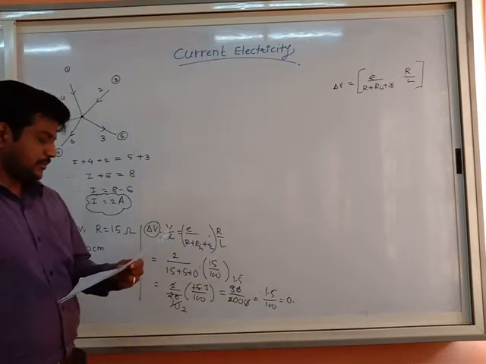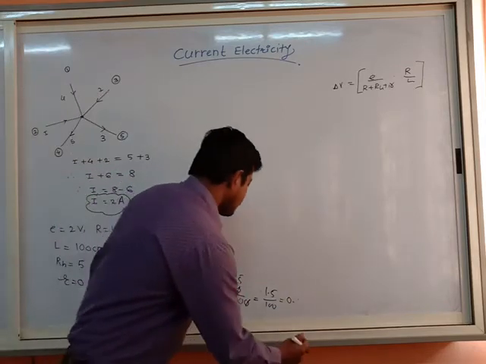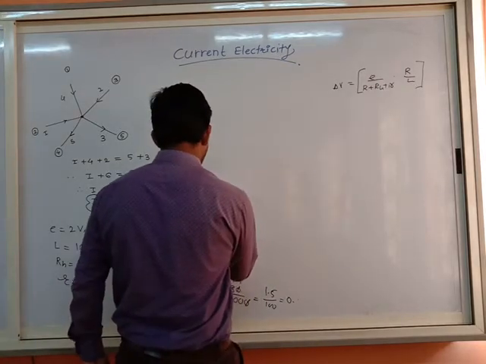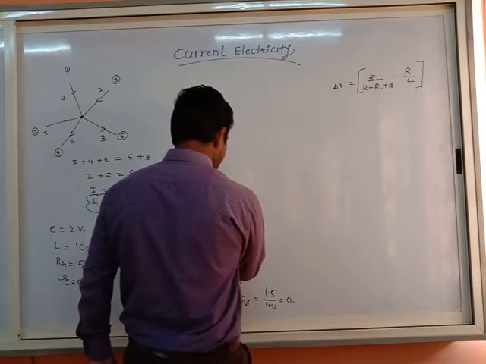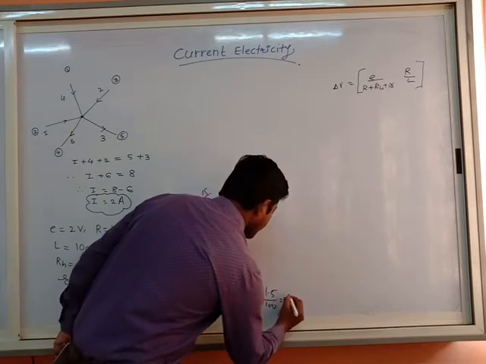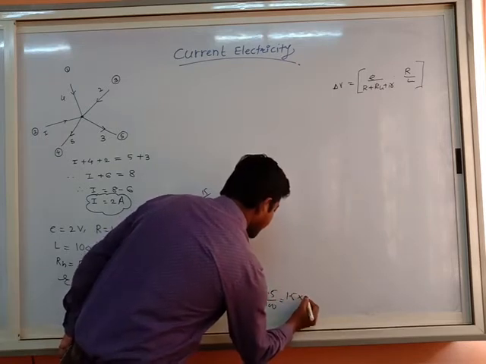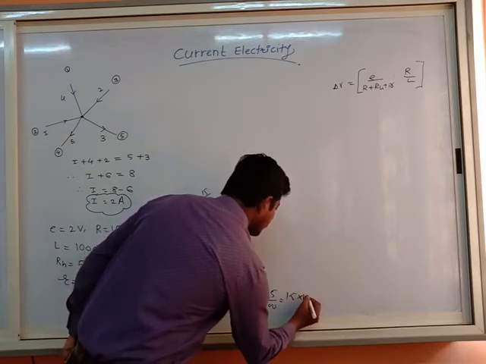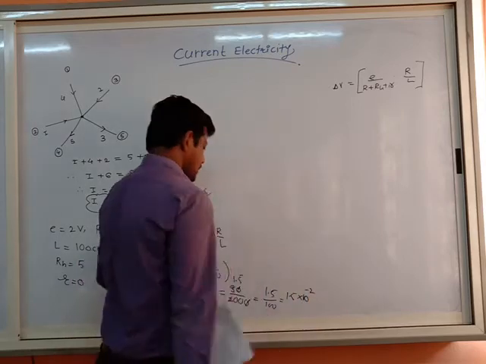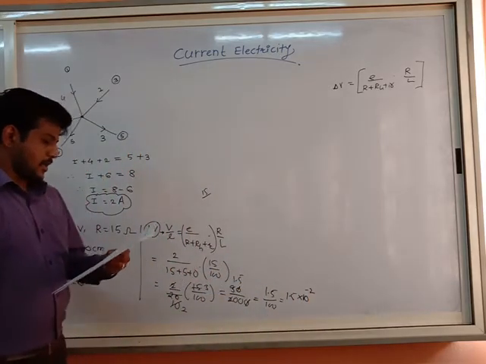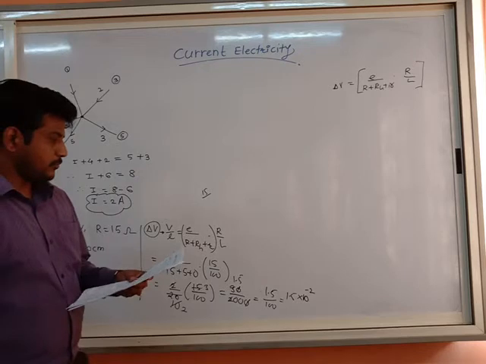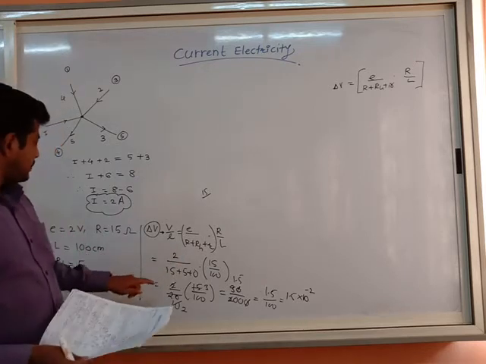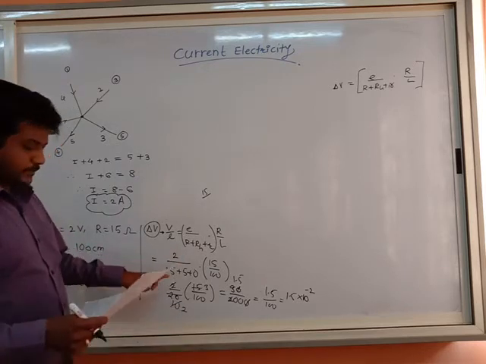They have given the option 0.05. That is 1.5 into 10 raised to 2 goes to the numerator and becomes 10 raised to minus 2. So 1.5 into 10 to the minus 2, the correct value is 0.015.